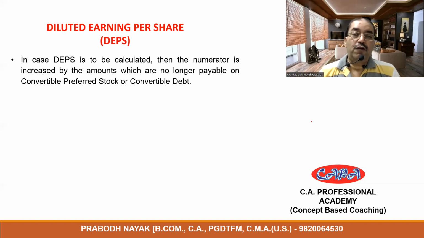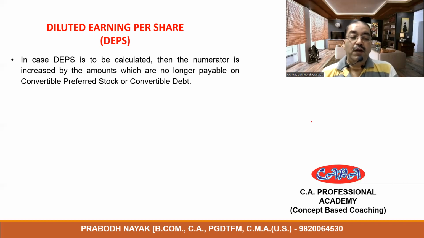So the preferred dividend will not be there in future. In that case, my net income available for common stockholders will increase because there is no preference dividend to be paid in future. So add back the preference dividend, but no deduction of tax. Interest, I will have to deduct tax. Preference dividend, I am not supposed to deduct tax.